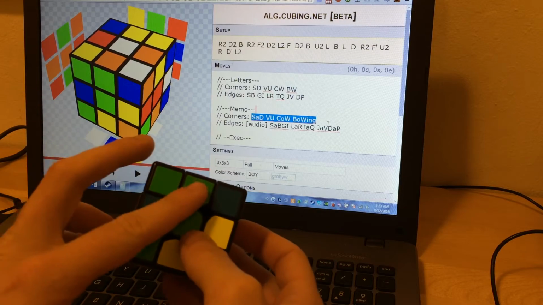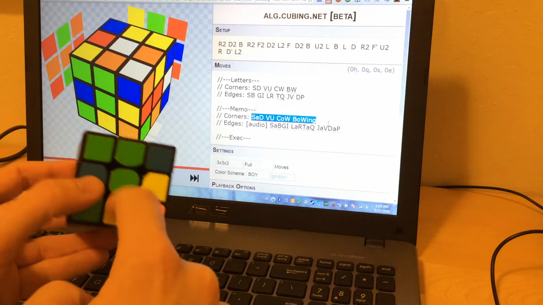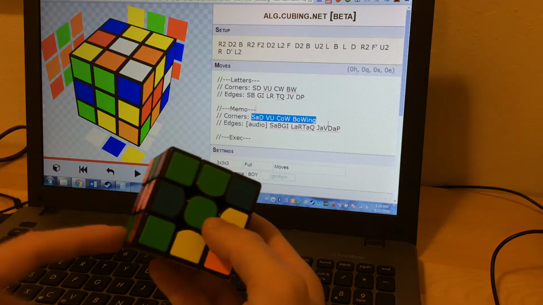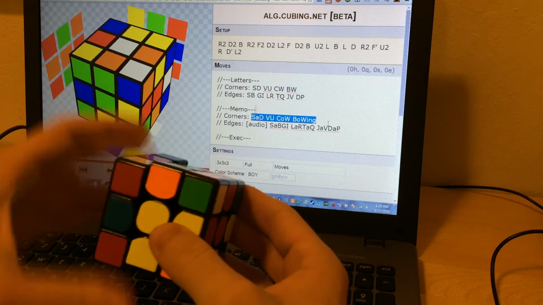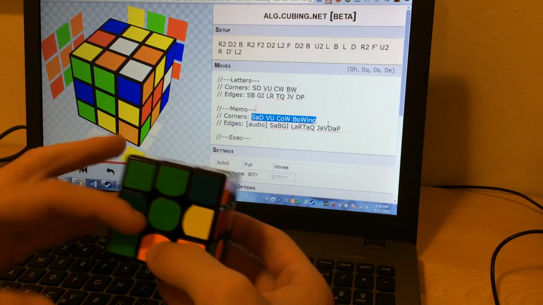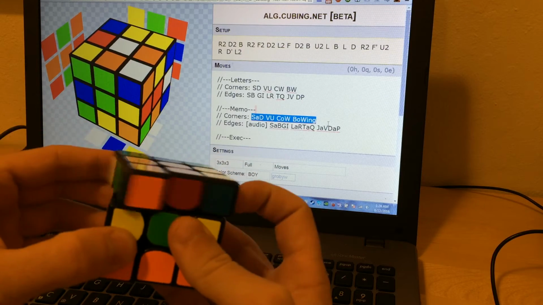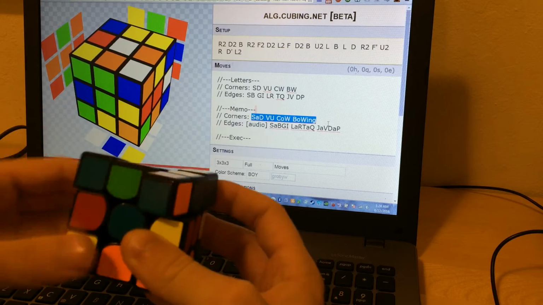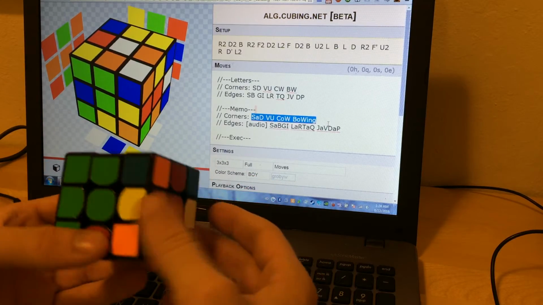Then GI is just an interchange, well, it's an M prime interchange. So we'll set up G to I, interchange, undo both. LR is just this thing. It's like almost M2 stuff.